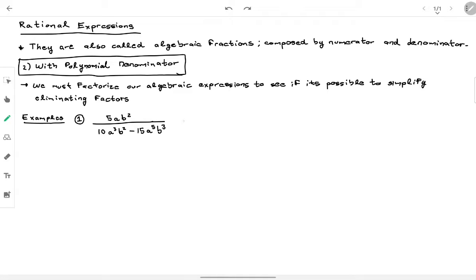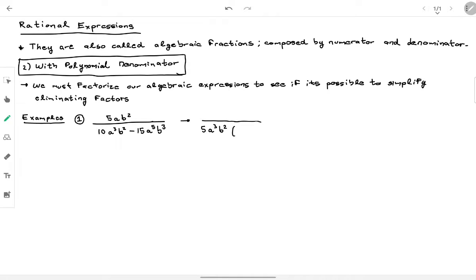On this one, on the bottom part, we have a binomial. Both terms have something in common, so we can take out a greatest common factor. The greatest common factor on the bottom is going to be 5a cubed b squared.